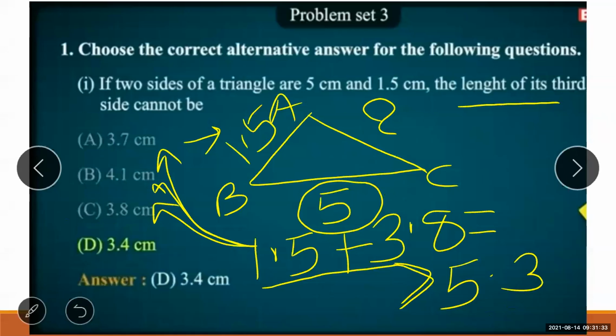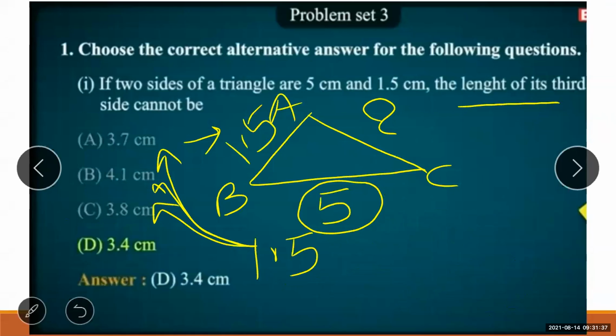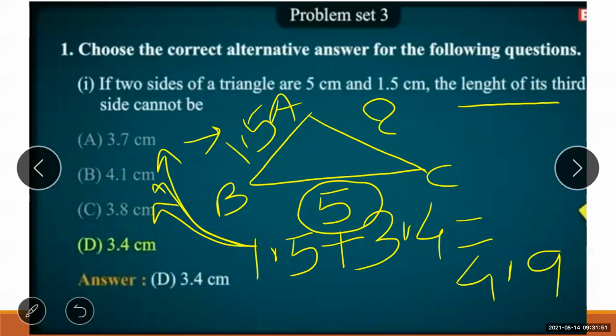Now the last option, 1.5 plus 3.4. The total will be 4.9.